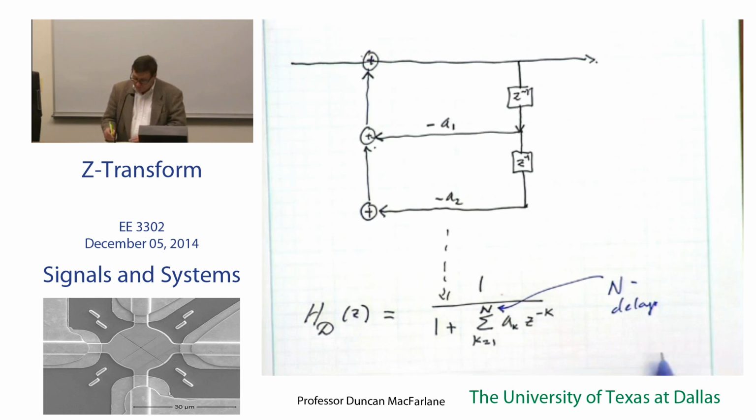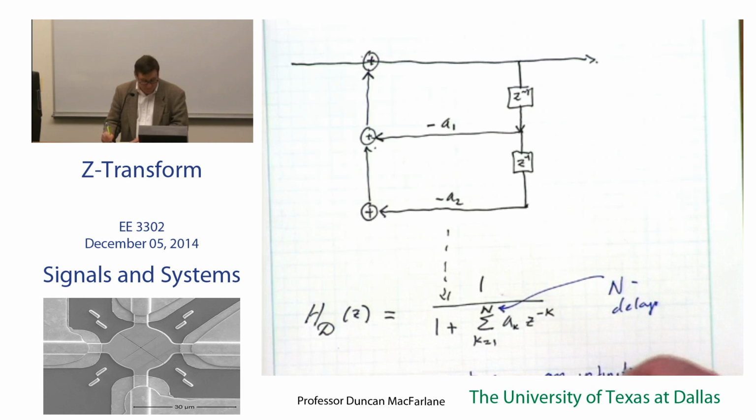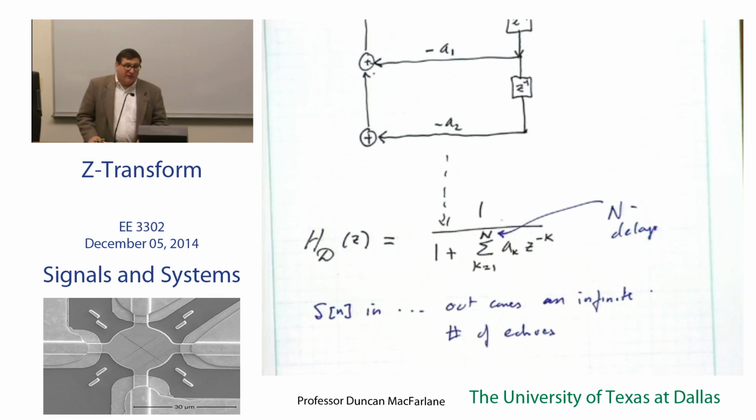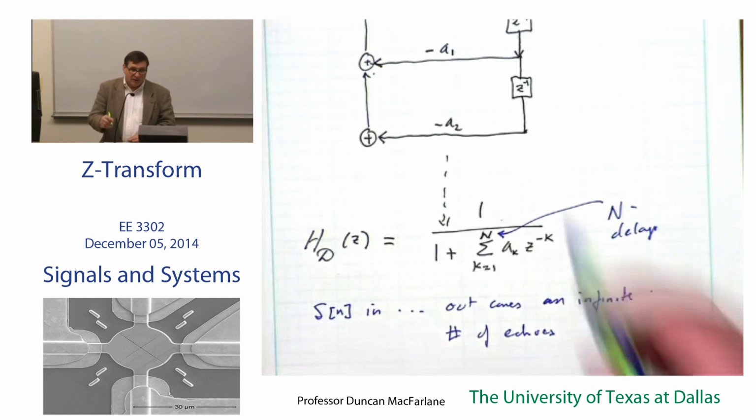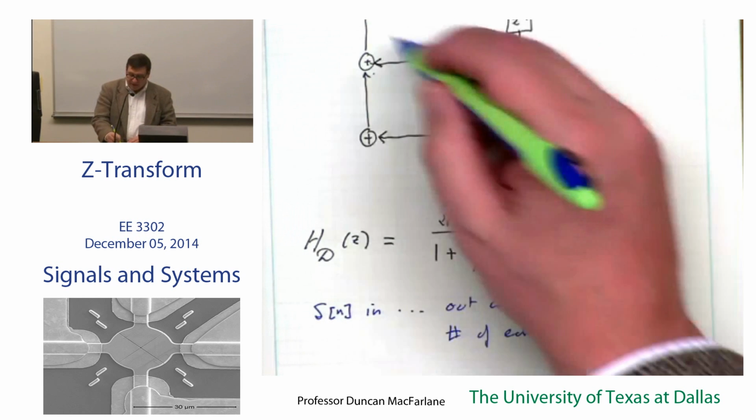So this is not a polynomial. This is actually 1 over a polynomial. If I send in a delta function, out will come an infinite number of echoes, even for finite n. Because think about it, a delta function is going to feed back again and again and again.